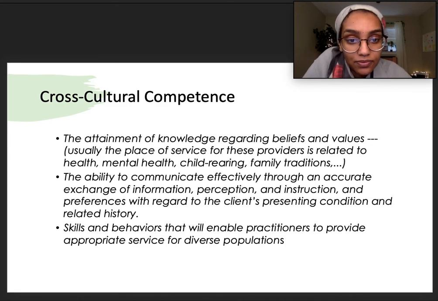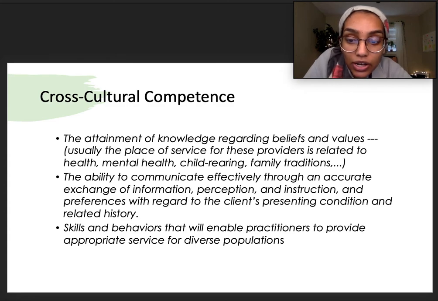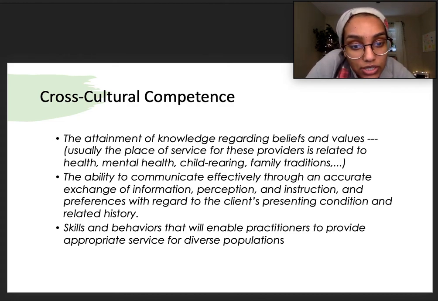So the attainment of knowledge regarding beliefs and values, and so that part is just knowing what is important to know. And even on the aspect of awareness, it's important to know what the practitioner or that service provider also believes in. It's a level of knowledge, right? But that awareness is essential. The ability to communicate effectively through an accurate exchange of information, perception, instruction, and preferences with regard to that client's presenting condition and related history.